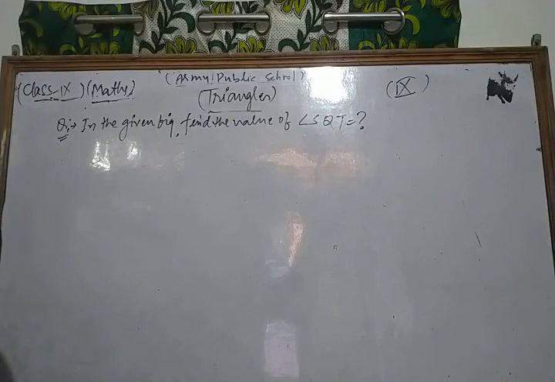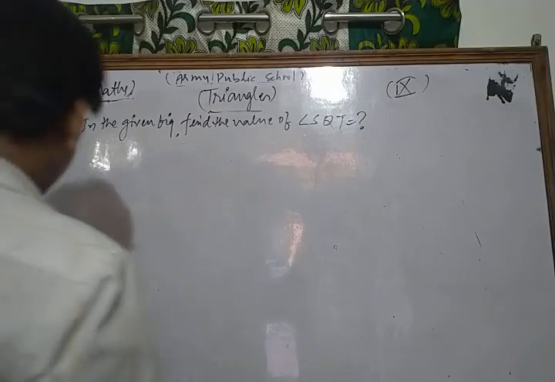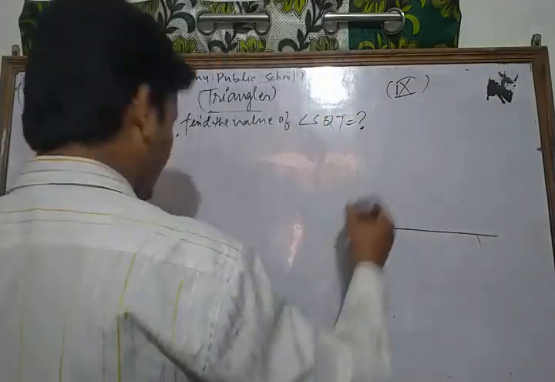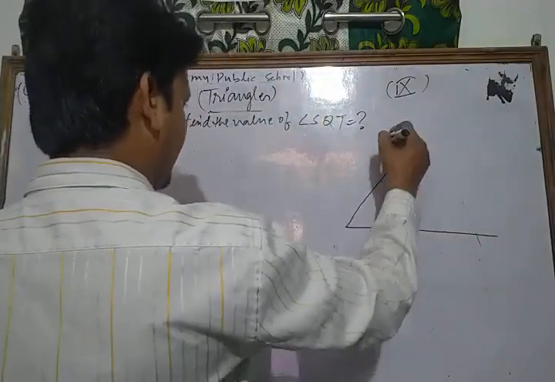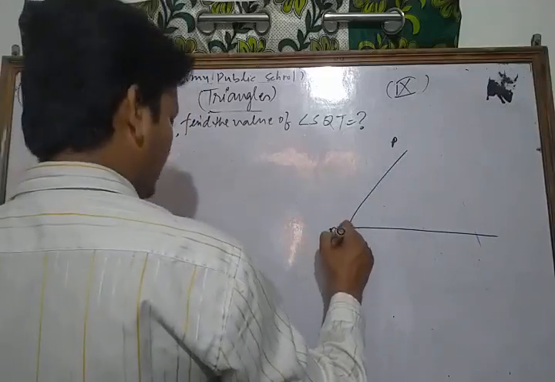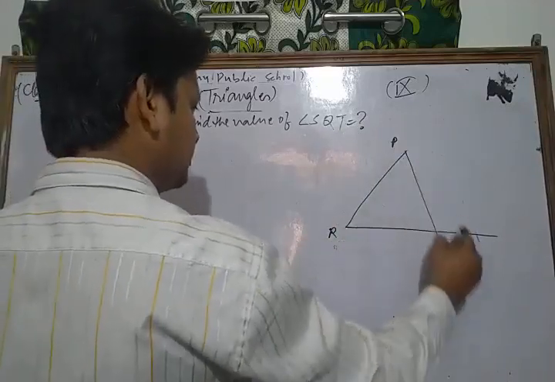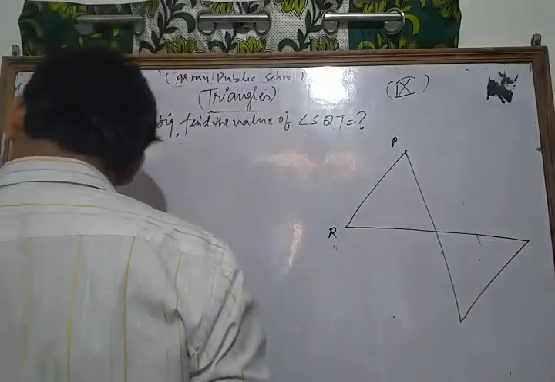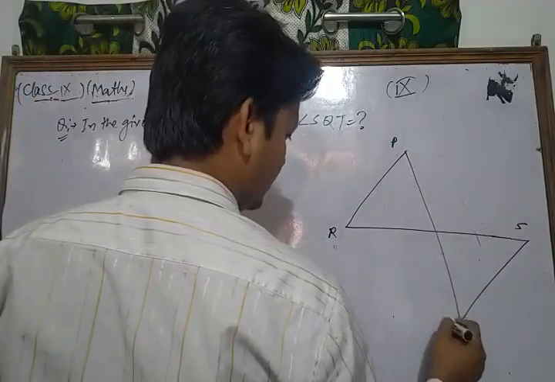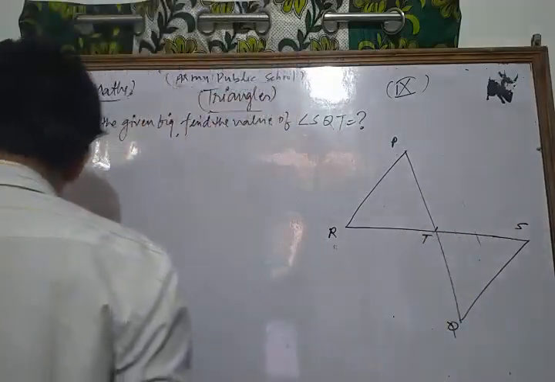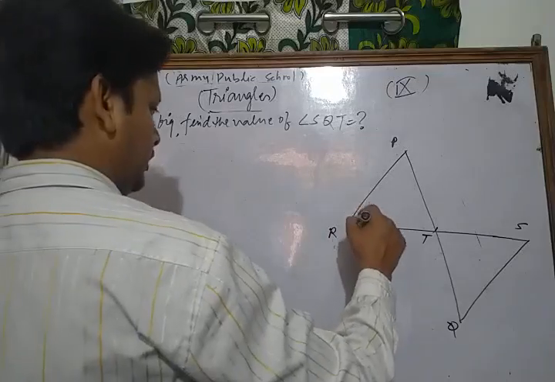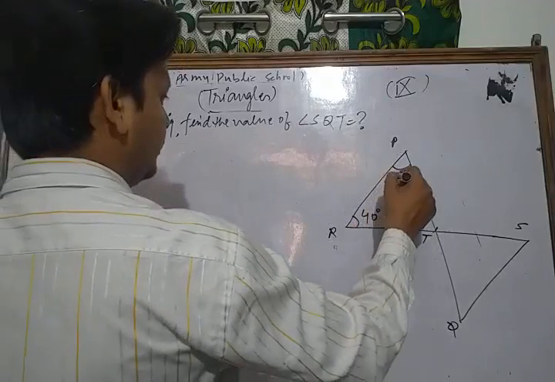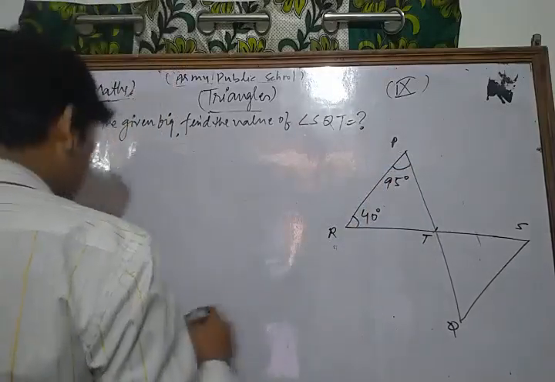Your figure is this: P, R, S, Q, T, and this is 40, this is 95 and this is 75.